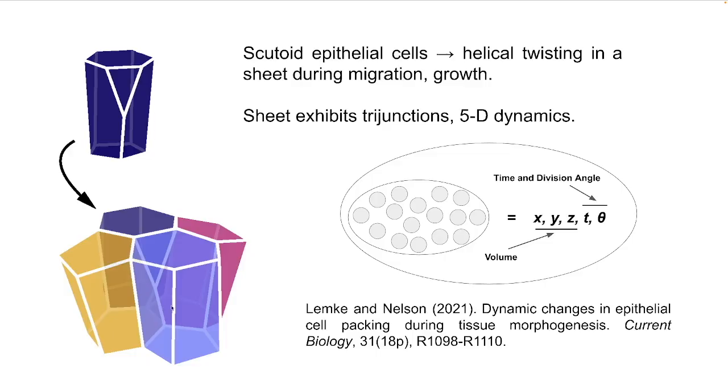So we have our volume, or XYZ, that's position, and then we have time, so we can count our temporal period, and then we have division angle, or contact angle, which is how much these things twist over time. So we treat time as one dimension and that twist as another. The angle, or the change in the angle, I should say. And so this is from this paper in Current Biology that talks about dynamic changes in epithelial cell packing during tissue morphogenesis. And they kind of go over sort of the complexity of this problem.